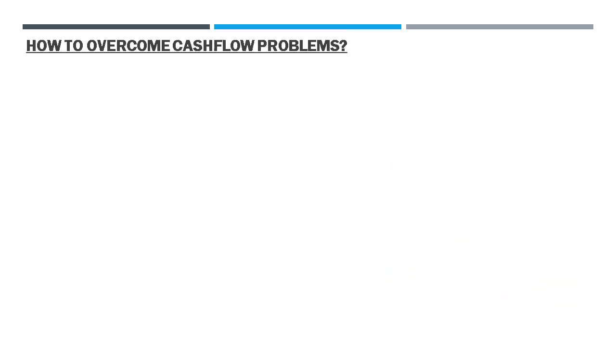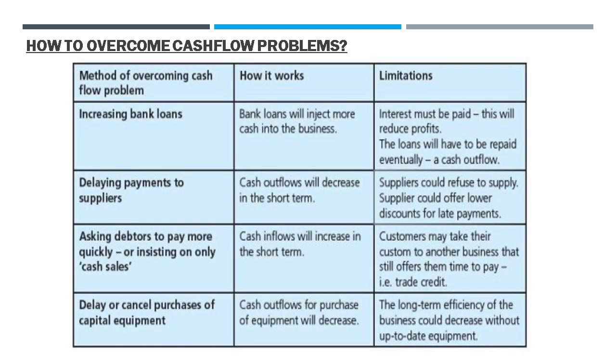How to overcome cash flow problems, or what should a company do if it has a negative cash flow? You all know that negative cash flow will lead the firm into liquidity problems or an illiquidity condition, which means the firm will run out of cash to carry on its day-to-day expenses, or the working capital.